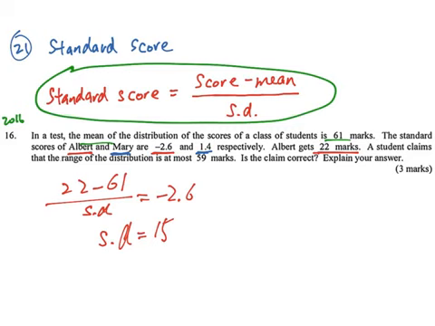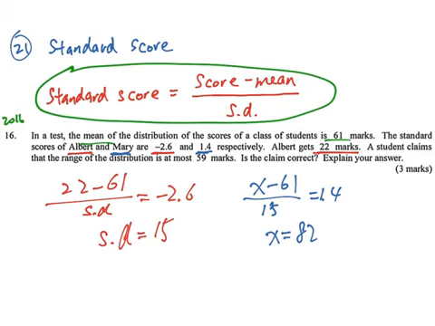Then we'll use this SD to find the marks of Mary. For example, we let x be the marks. So x minus the mean over 15, because Mary's standard score is 1.4. So the score of Mary is 82. After finding the marks for Mary, we can find the range.